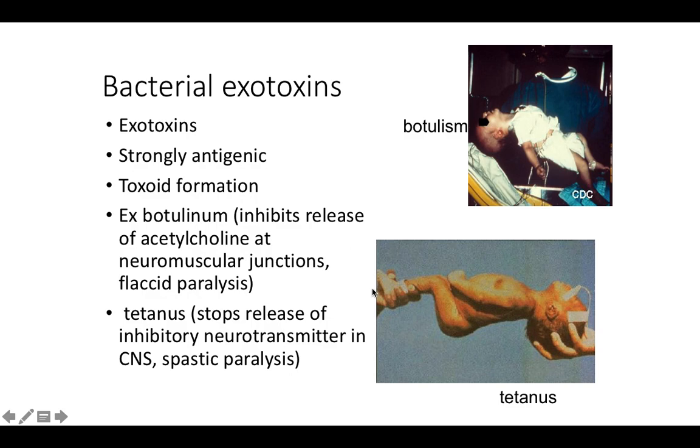And then folks do remember the cousin of Clostridium botulinum, Clostridium tetani. Clostridium tetani also makes endospores. So if the endospores get into anaerobic tissues like the umbilical stump of a baby, they'll germinate, release a tetanus toxin, which inhibits the release of inhibitory neurotransmitters. So you get this spastic paralysis that can also cause respiratory paralysis.